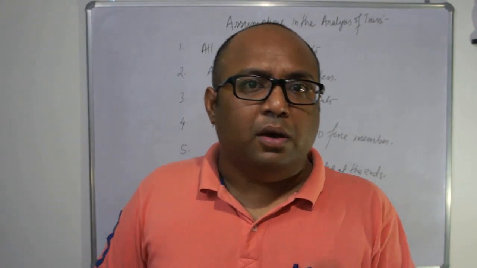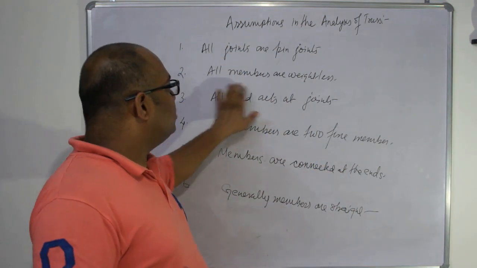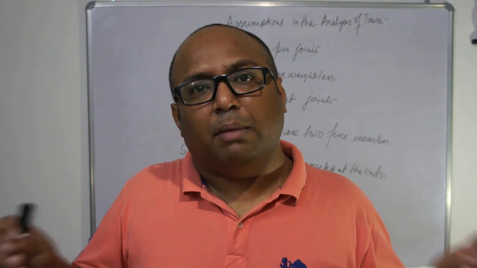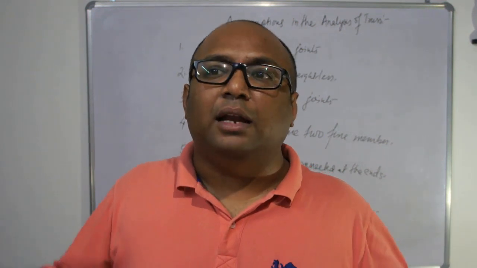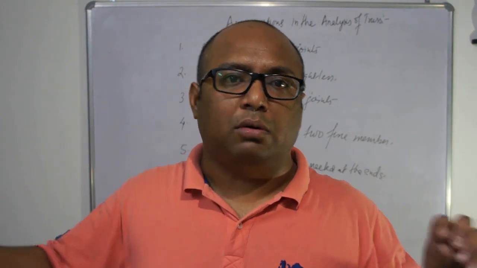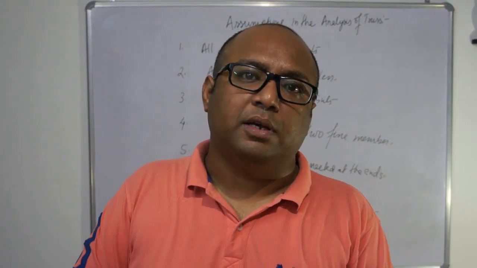Is that okay? So this is also very important. We assume all the members to be weightless, unless stated otherwise. If it is stated that the members have certain weight, then divide it equally on both the joints to which it is connected. Is that okay?